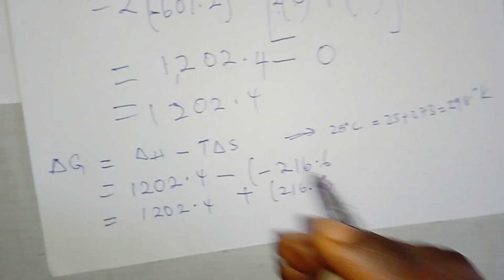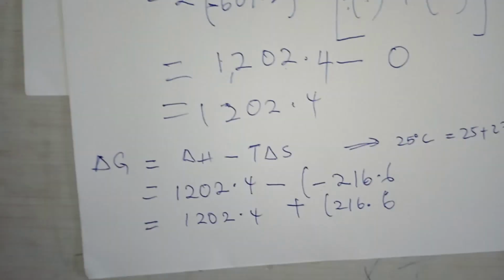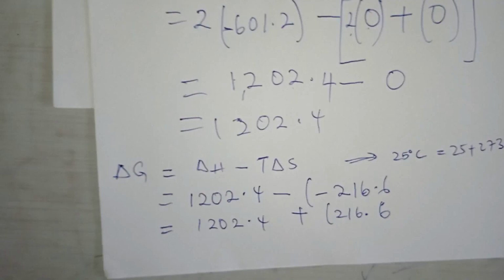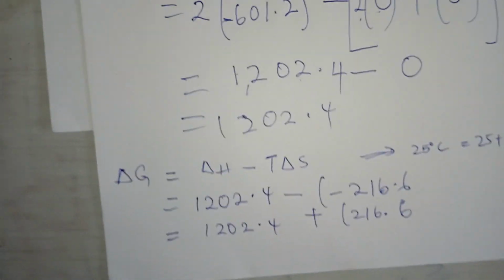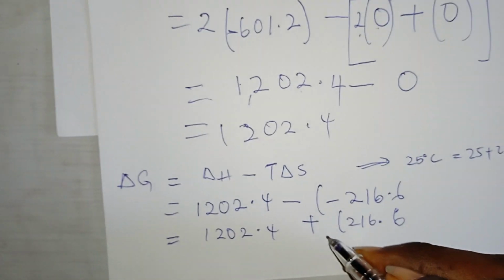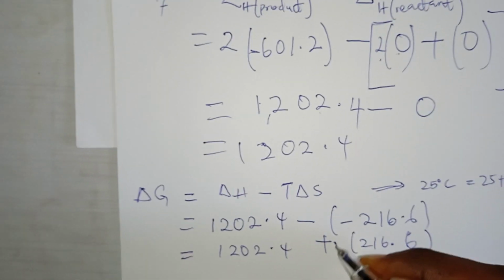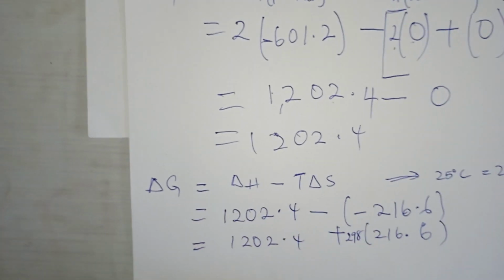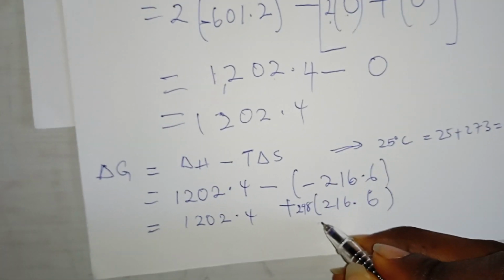But before I convert, notice that I have to multiply my entropy with the Kelvin, which is 298.